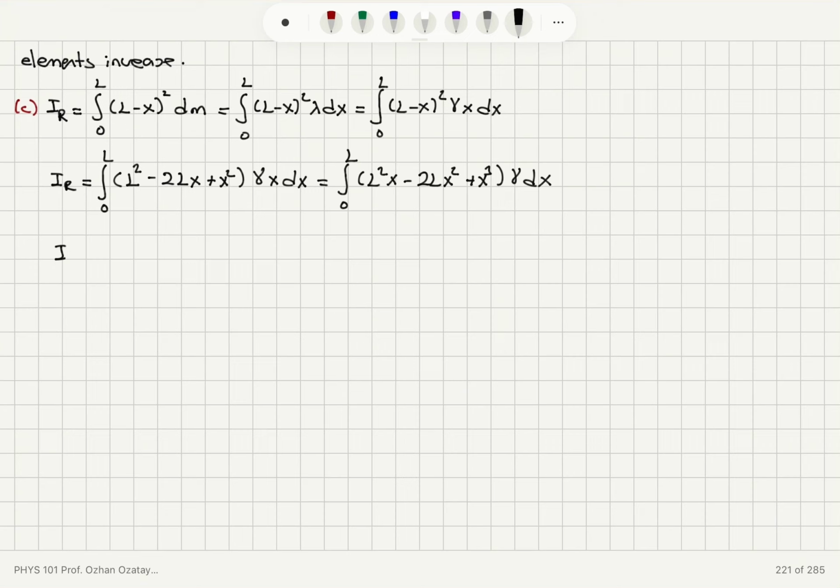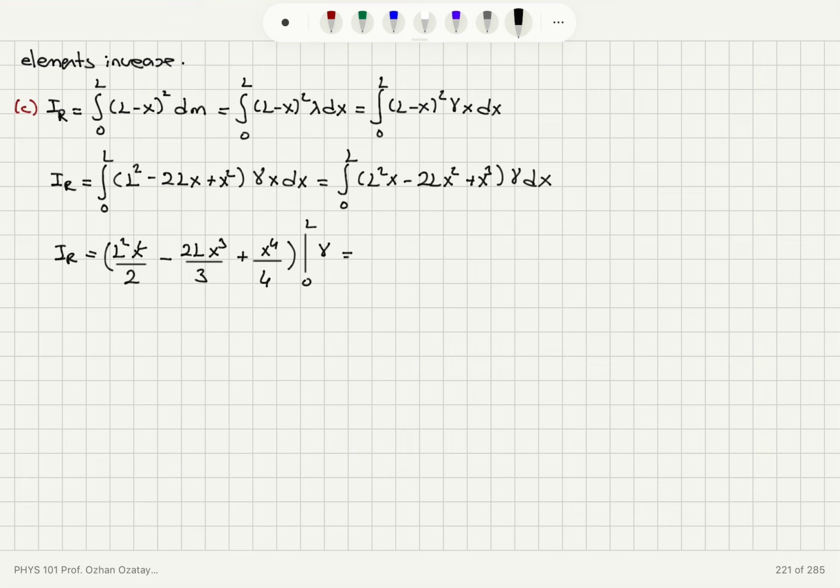So if I perform the integration, I obtain L squared x squared divided by 2 for the first term, minus 2L x cubed divided by 3 for the second term, and x to the fourth power divided by 4 for the third term. This will be evaluated between 0 and L and multiplied with gamma.